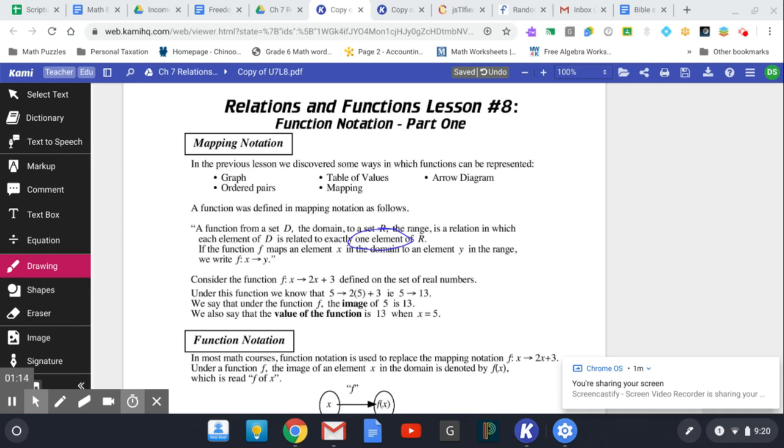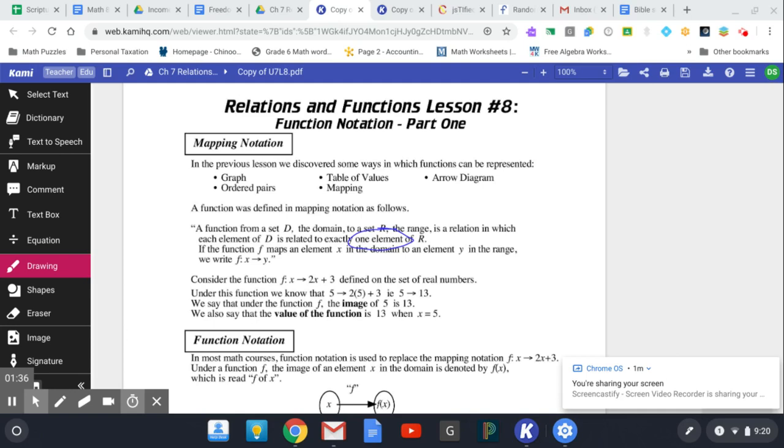Now consider the function f, where x goes to 2x plus 3, defined on the set of real numbers. Under this function, we know that 5 is going to go into the machine and be 2 times 5 plus 3. So when 5 goes into the machine, it's going to come out as a 13.